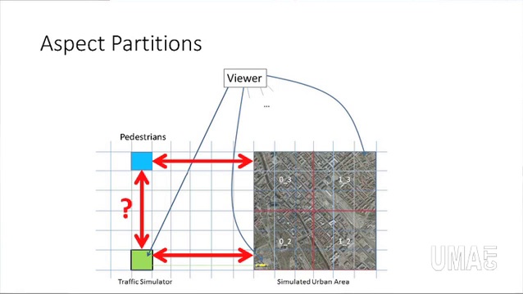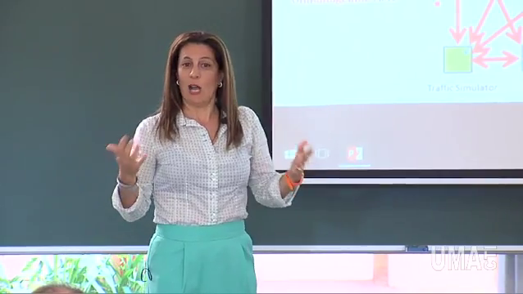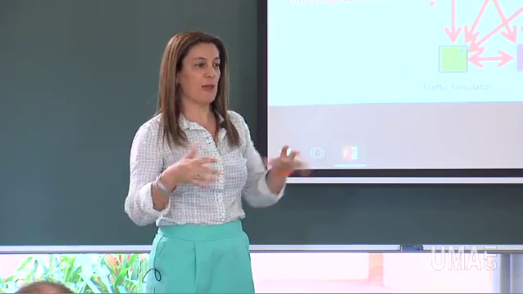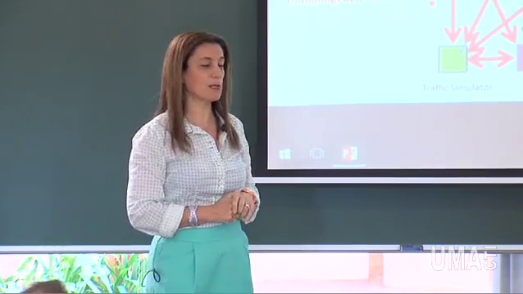And if I add more aspects, I basically have an n-square complexity problem in terms of dependencies that is unmanageable, right? Now, I hope that this is not you. You have probably talked about it, written about it in papers, in the abstract, because this is what happens when you separate things into aspects.